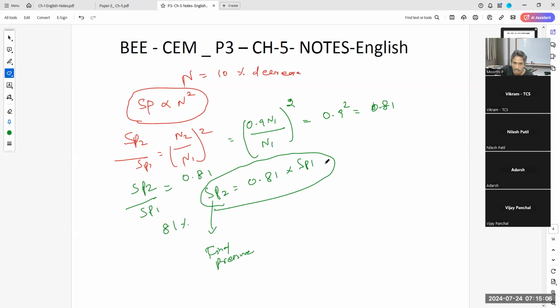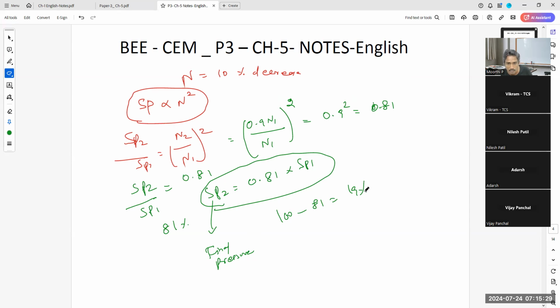100% is the original pressure. Then the reduction is 100 minus 81, it's 19%. Same as 100 plus 21, na? 121 means 21% increase. One is an increase, the other side is a decrease. How much percentage reduced? 19%.